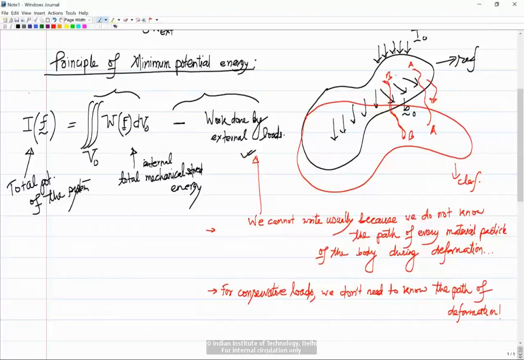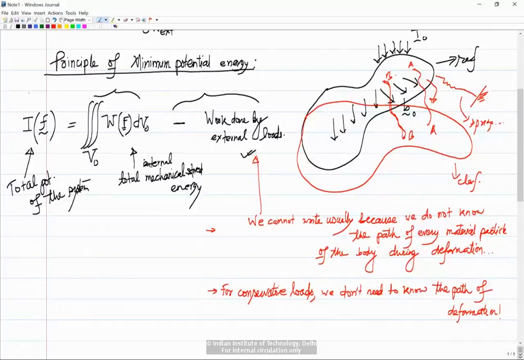And then, for example, spring force. So if you attach a spring to this body, think of attaching a spring, then the work done by a spring is also conservative because you can always express the work done in terms of the potential energy of the spring, isn't it? Half kx square, where x is the total change in length of the spring.